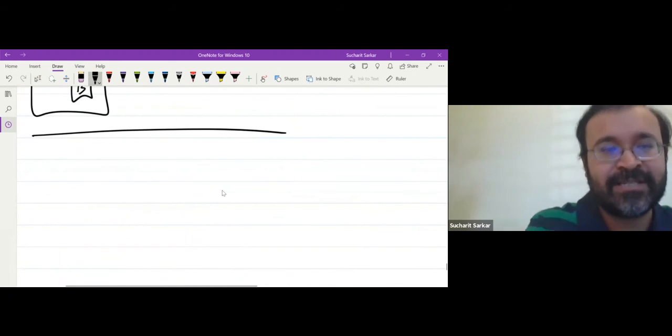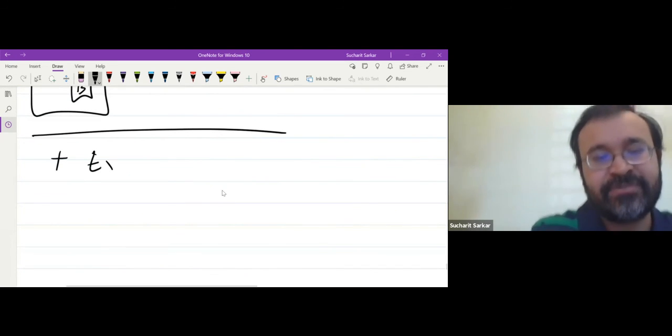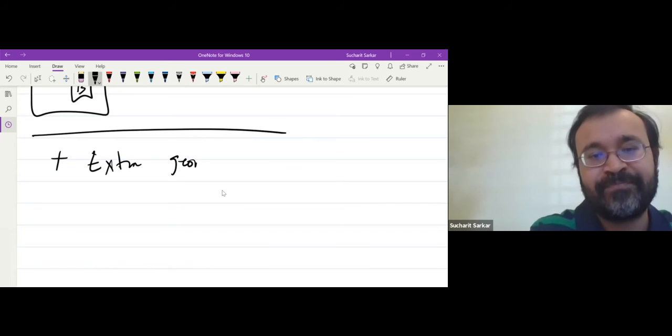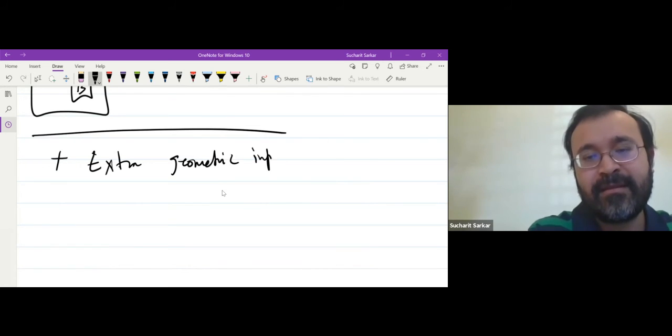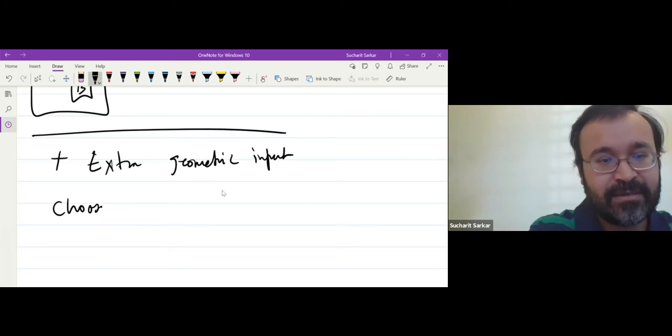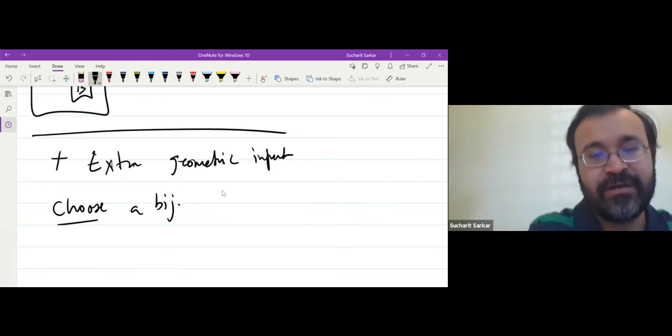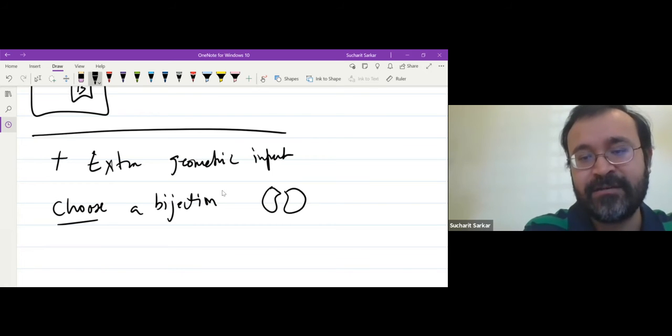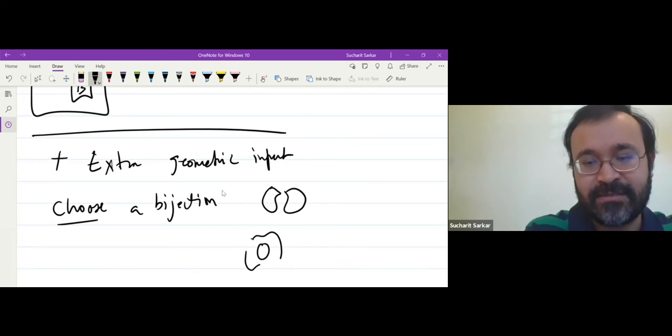So we need some extra geometric input where we choose a bijection between this type of circles and this type of circles.